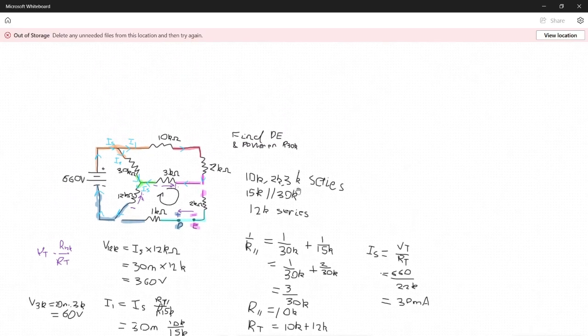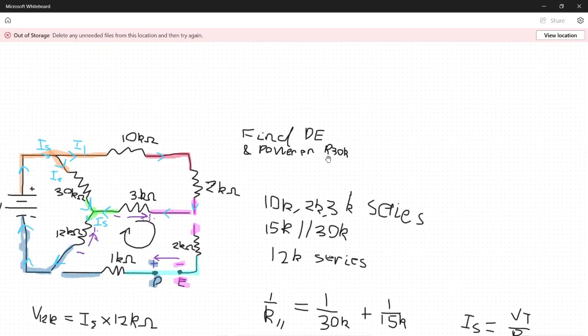Now, the second question we were asked is, what was the power delivered to the 30 kilo ohm?